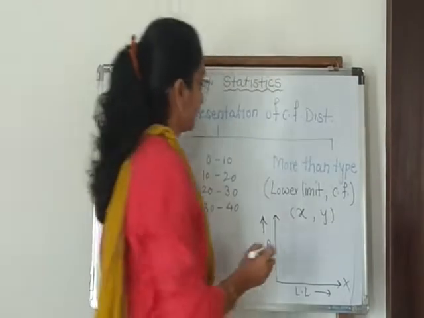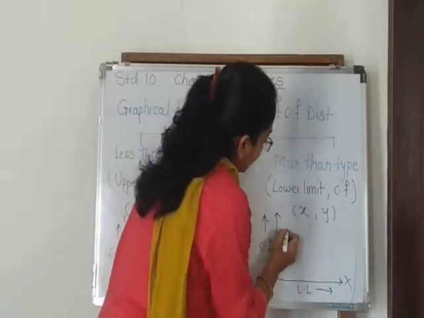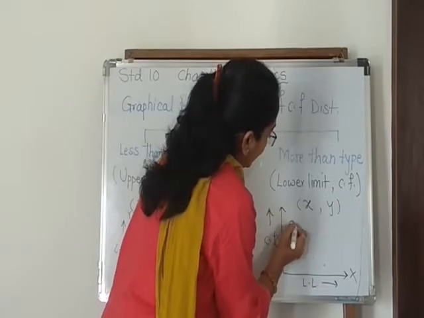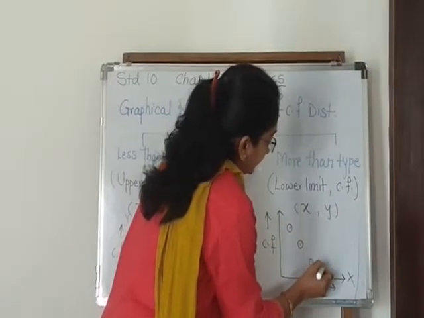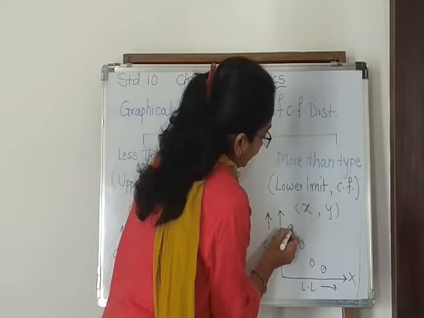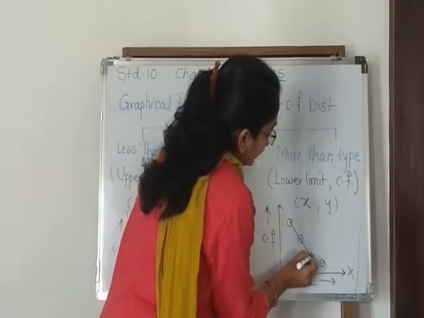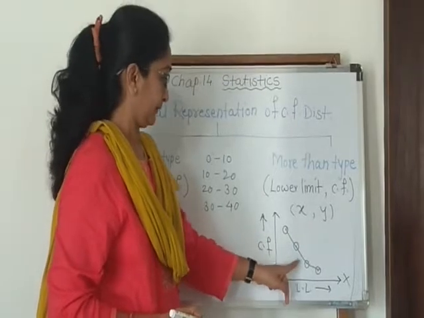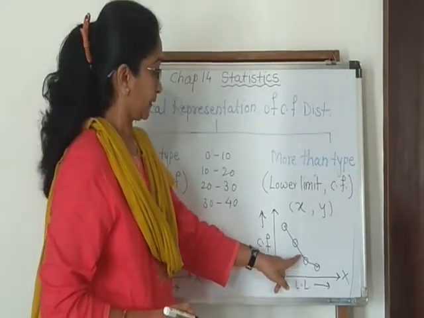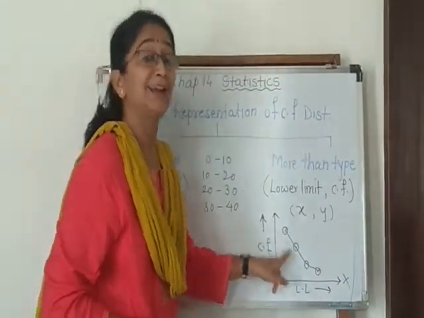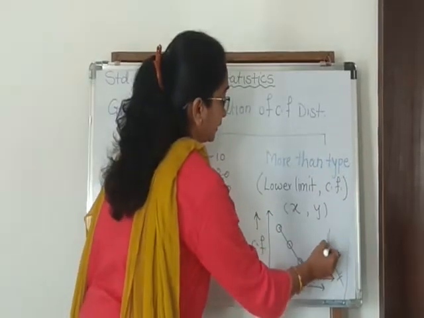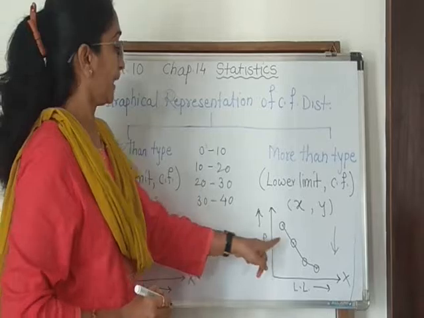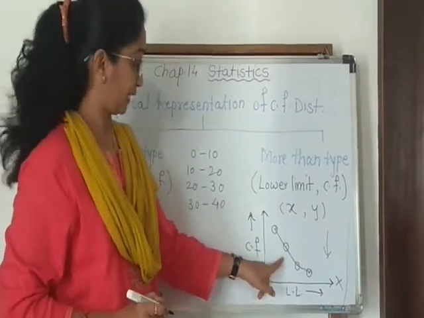Now plot these points, you will get a graph like this. After plotting the points, join these points by a freehand smooth curve, and you will get this type of ogive, and it is cumulated downward. Why is this cumulated downward?